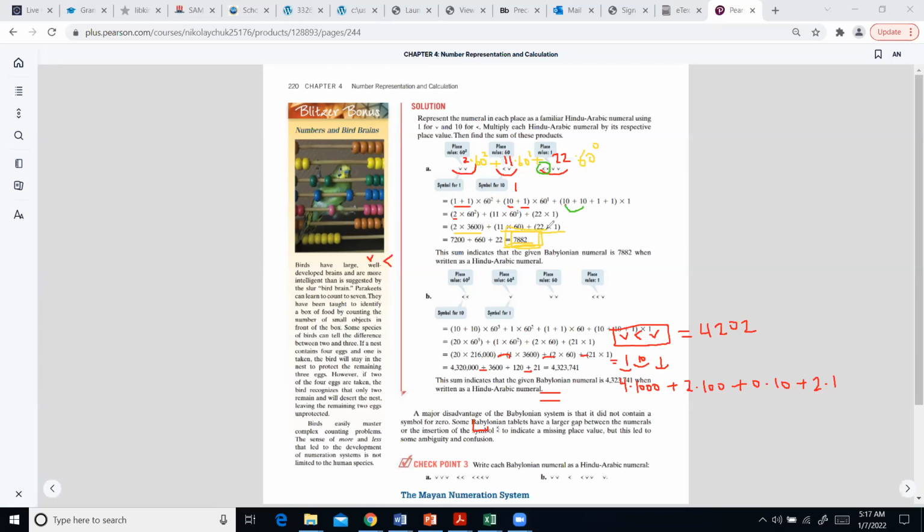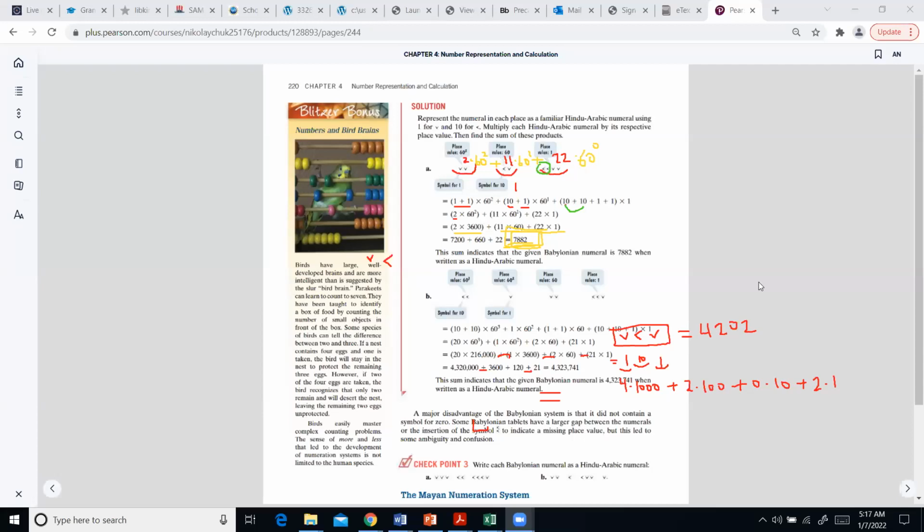So looking at this example, one should really appreciate what is going on right now, because it's quite challenging to be able to write those numbers in other systems of enumeration.